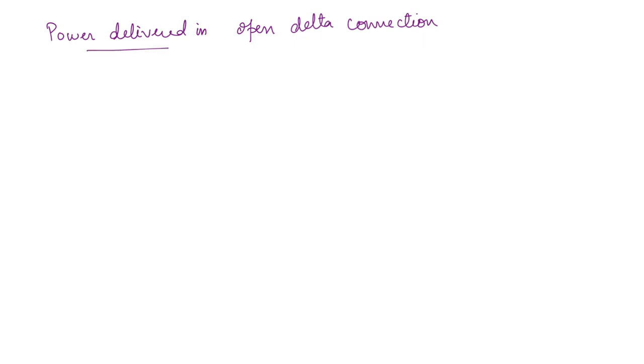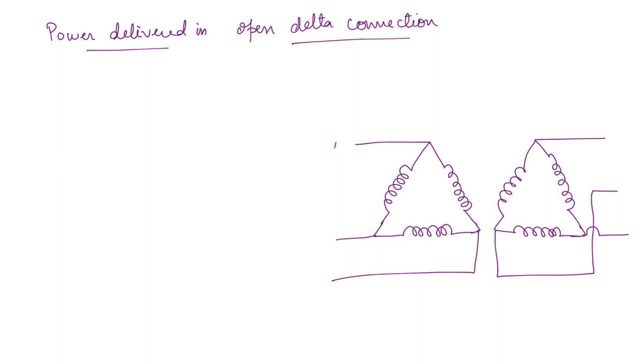In order to find this, we will first consider a normal delta transformer. Here we have terminals A, B and C, and here we have A, B and C. The dot convention also you can take, right? Now the output line currents, if you take them as IA, IB and IC, they are all going to form a 3-phase system.